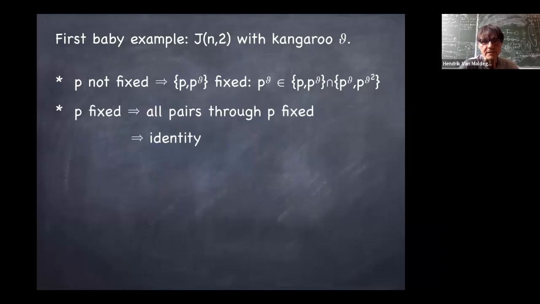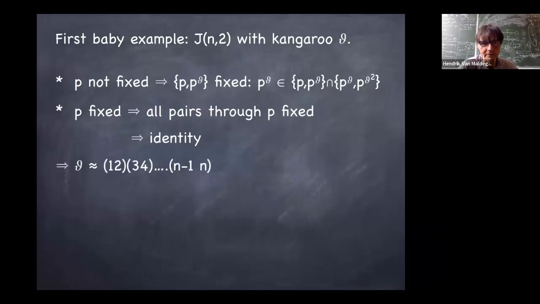But if P is fixed, then for the same reason, all pairs through P must be fixed, because if a pair is not fixed, then it is mapped onto a non-disjoint pair, because P is in that pair. So you have the identity. So if some point is fixed, then you have the identity, and of course that's not a kangaroo, because you never map something to distance 2.